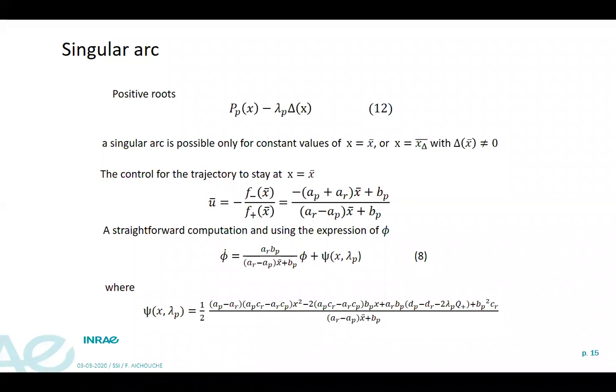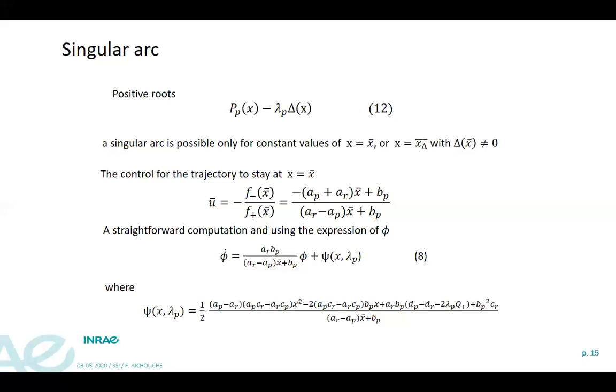So as lambda p is constant along any optimal solution, we deduce that phi can be nil only at isolated values of x bar, and the positive root of the polynomial is given by 12. In any case, a singular arc is possible only for a constant value of x equal to x bar or x equal to x bar delta.